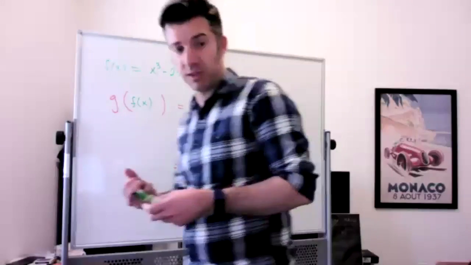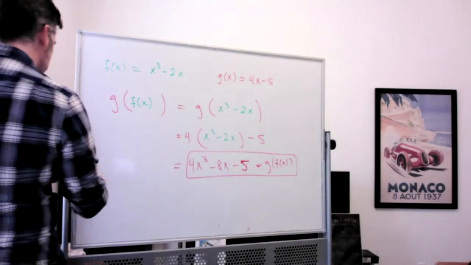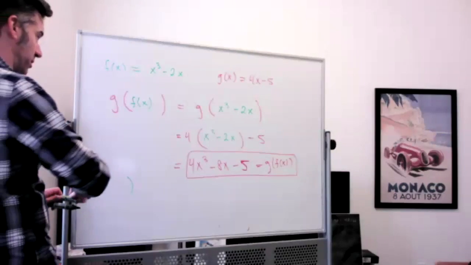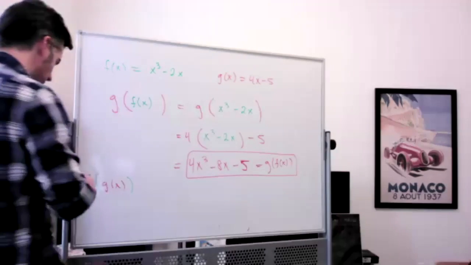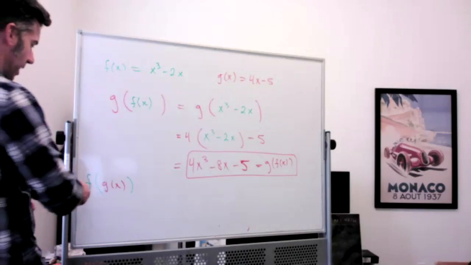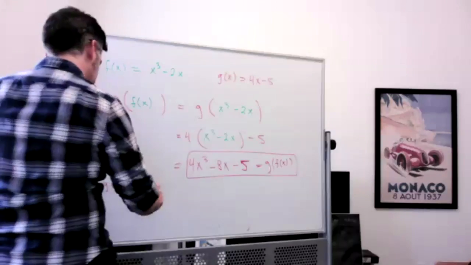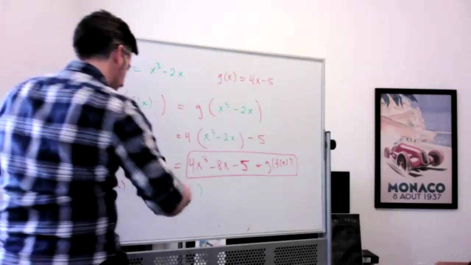Let's look at the composition the other direction. Let's look at, say, f of g of x, which is going to be a little more complicated. So f of g of x, so again, f of the thing, the inside thing is 4x minus 5. So this is going to be f of 4x minus 5.